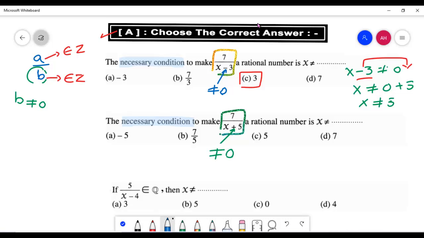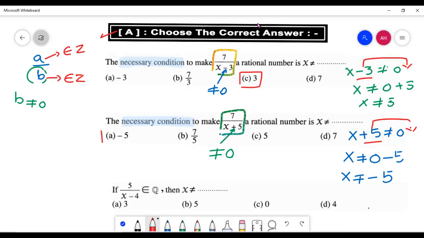In other words, x plus 5 is not equal to 0. Moving the 5 to the other side with the inverse, x is not equal to 0 minus 5. So x is not equal to negative 5, and the correct answer for this question is number A. x is not equal to negative 5.